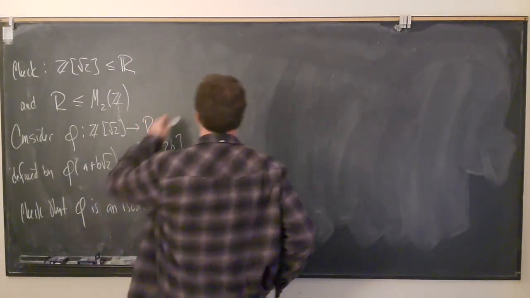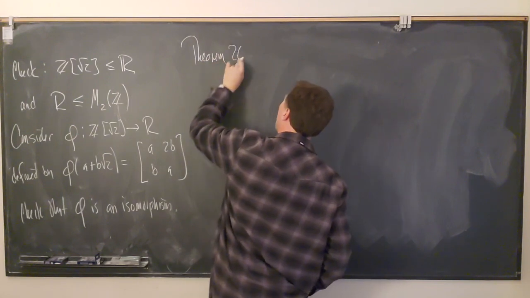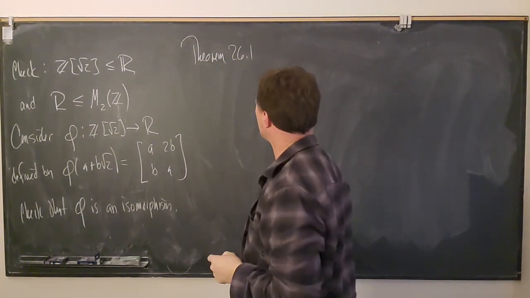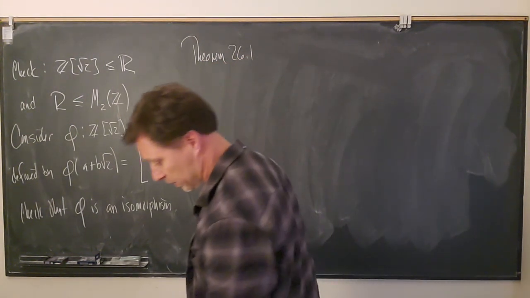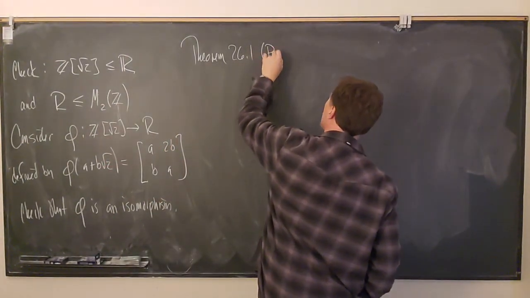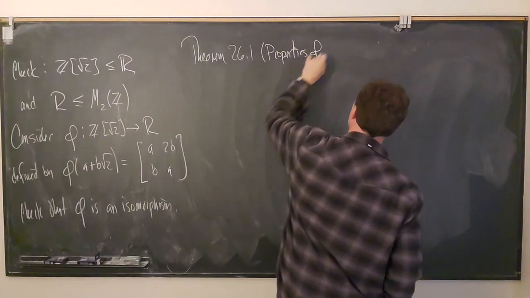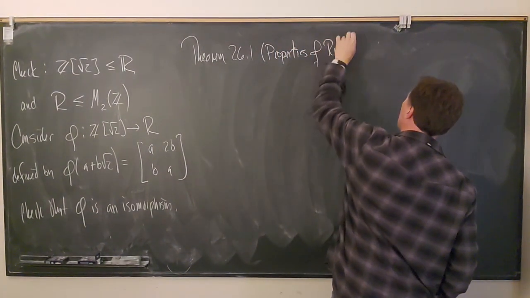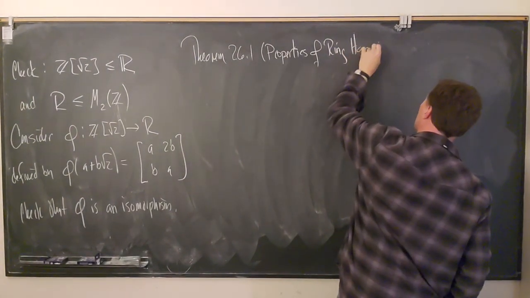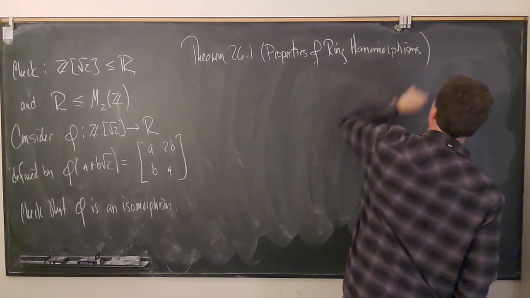And now we've got a theorem. What I want to do is collect a whole bunch of properties of ring homomorphisms all in one place. So this will be properties of ring homomorphisms.